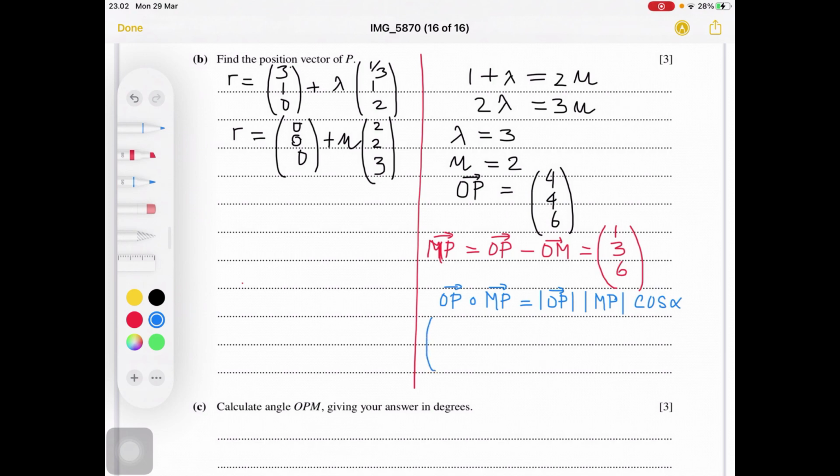So (4, 4, 6) dot (1, 3, 6) is equal to square root of 68 times the square root of 46 cos alpha. Solving this equation, we can find that alpha is equal to 21.6 degrees.